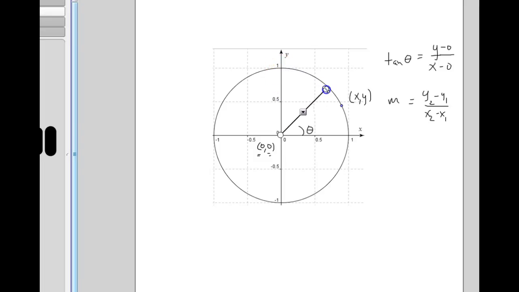The slope's getting steeper and steeper until eventually it's infinite. Infinity is not a defined number, it's just kind of an idea. So we go from a 0 slope to an infinite slope in just 0 to 90 degrees.